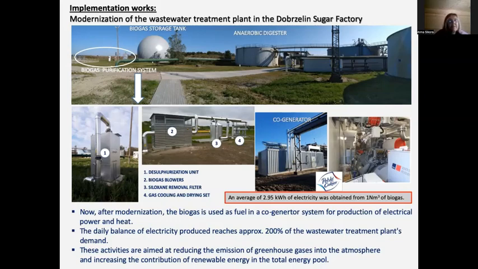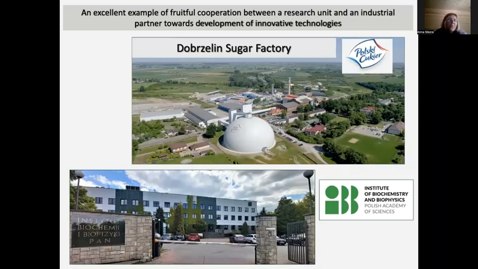And now, after the modernization, the biogas is used as a fuel in a cogenerator system for energy production. The produced energy exceeds twice the energy demand of the wastewater treatment plant. Here, we can see the wastewater treatment plant in Dobrzelin sugar factory after modernization. The new facilities are a biogas purification system, biogas storage tank, and cogenerator.